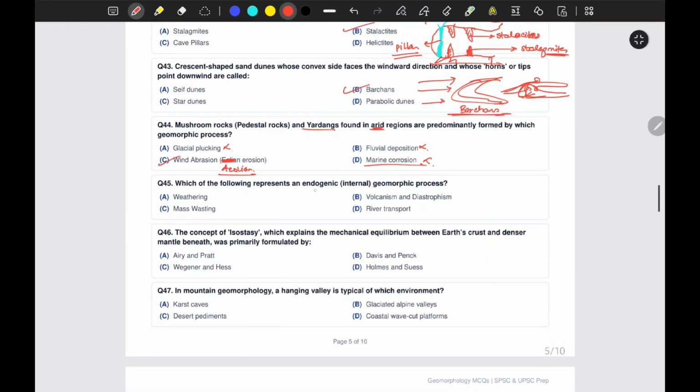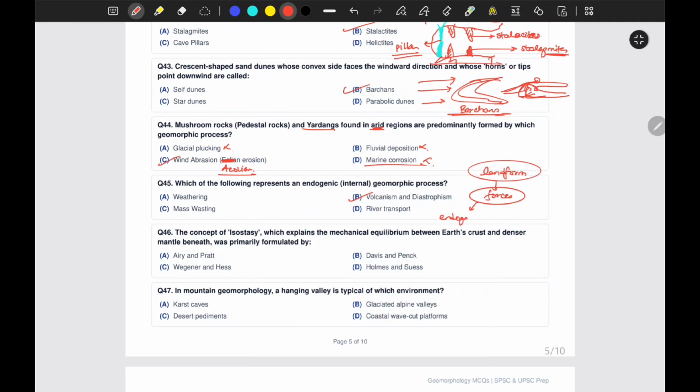Question number 45. Which of the following represents an endogenic or internal geomorphic process? Weathering, mass wasting, river transport, volcanism and diastrophism. The correct answer is B, volcanism, diastrophism. See, fundamentally, for the formation of a landform, there are forces necessary to form it. There are two types of forces.